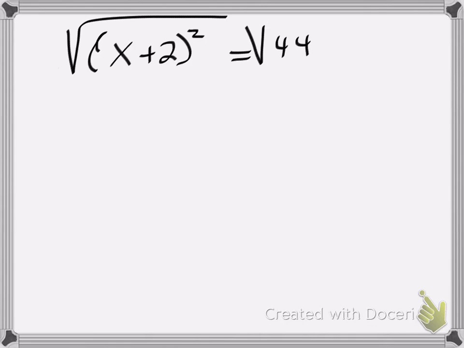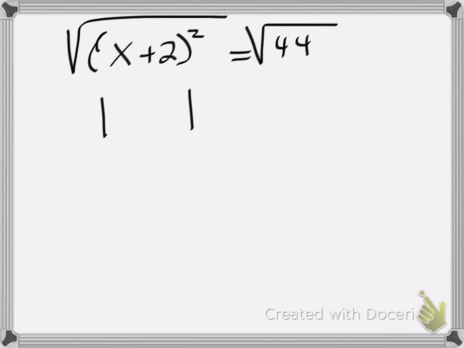Okay, let me show you another kind. What happens if I have x plus 2 squared equals 44? What do we do? Hershey? Root both sides.